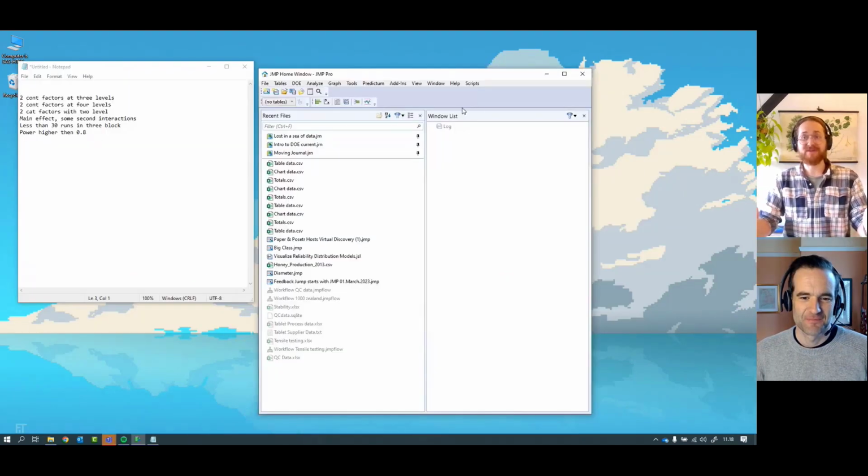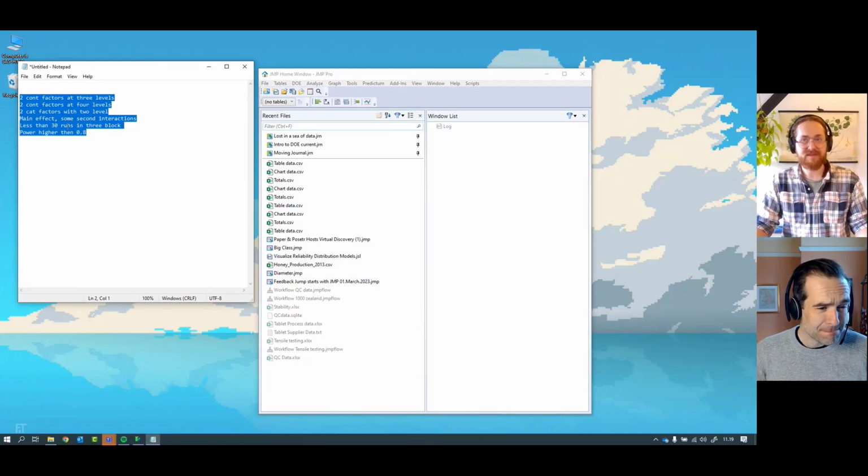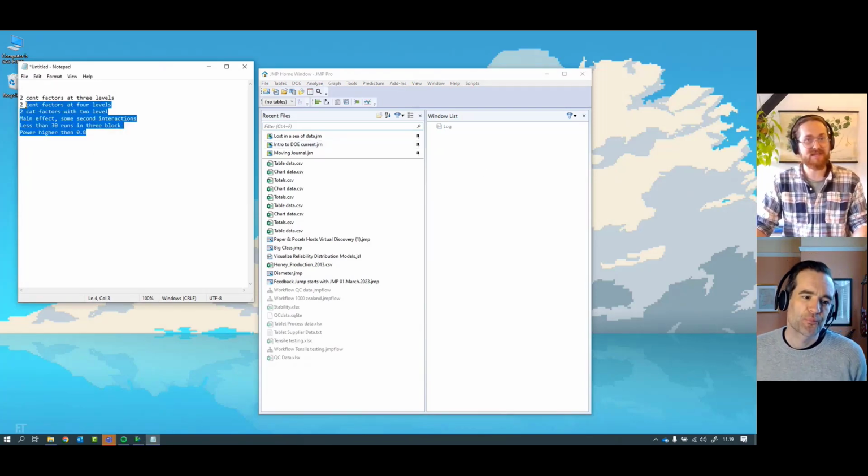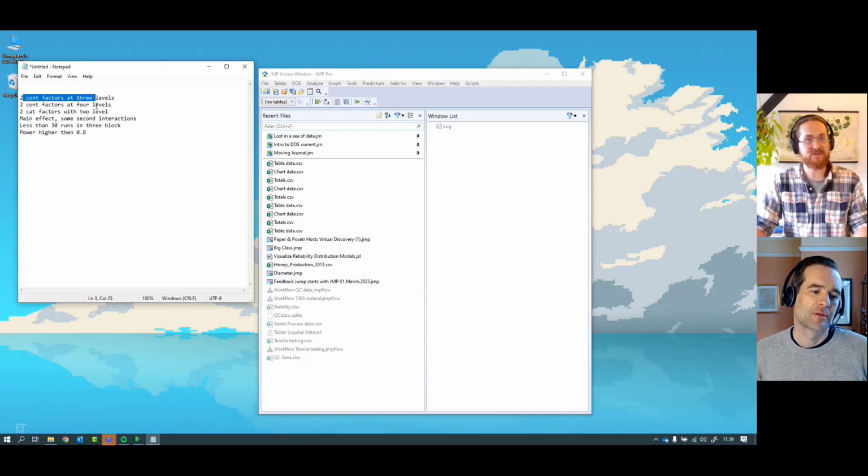Okay, so option number one. I found the requirements sent to me, and I have JMP open. They were kind of smallish, but it's 2 continuous factors at 3 levels, 2 continuous factors at 4 levels, and 2 categorical factors with 2 levels, like a binary yes/no.